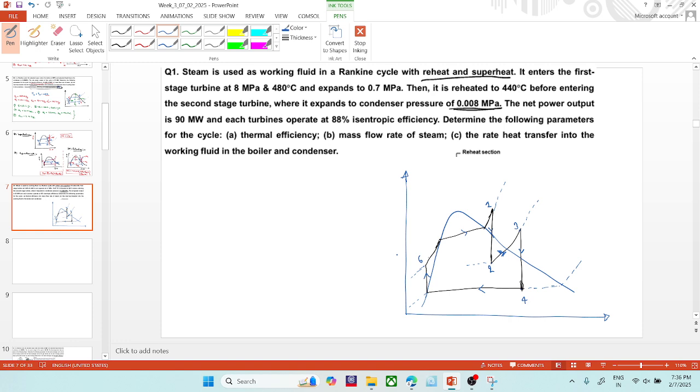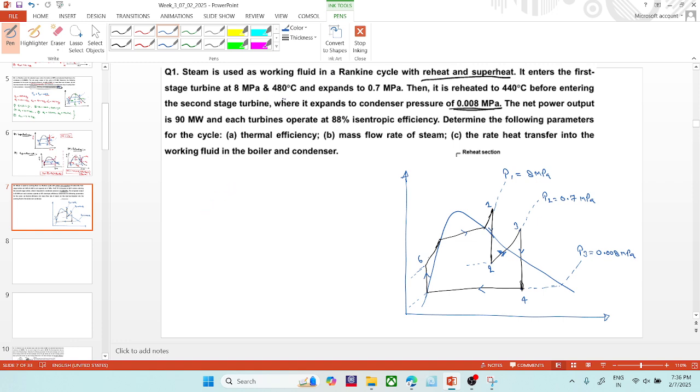Okay, so P1 is equal to 8 megapascals, P2 is equal to 0.7 megapascals, and P3 is equal to 0.008 megapascals.